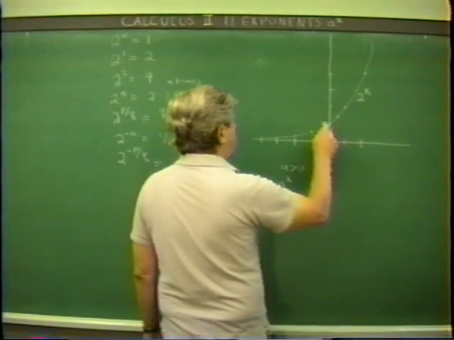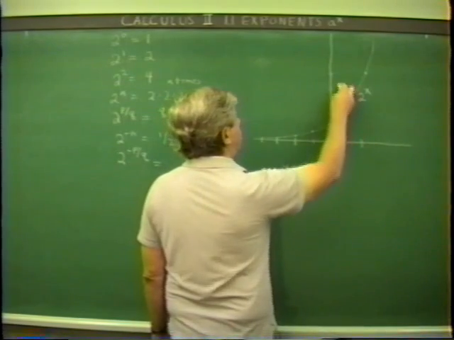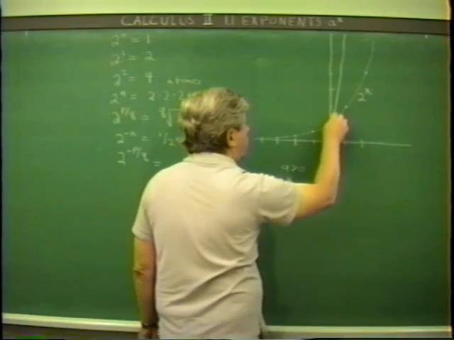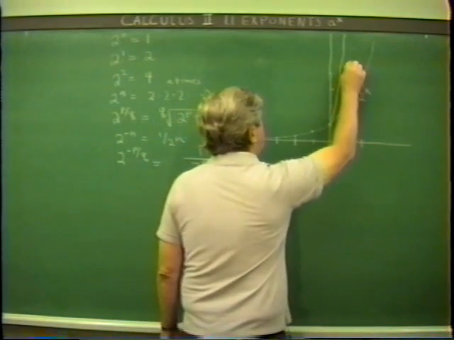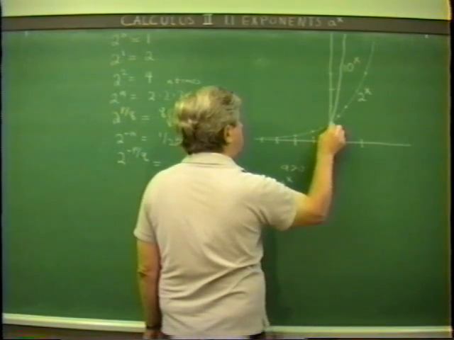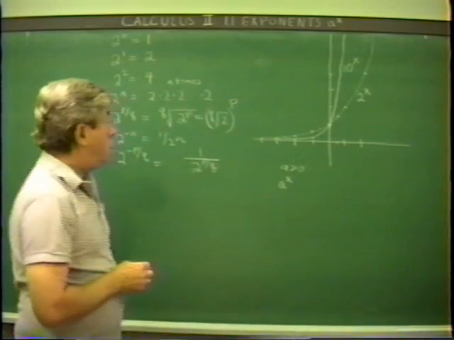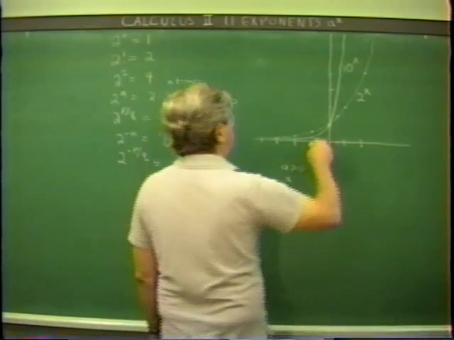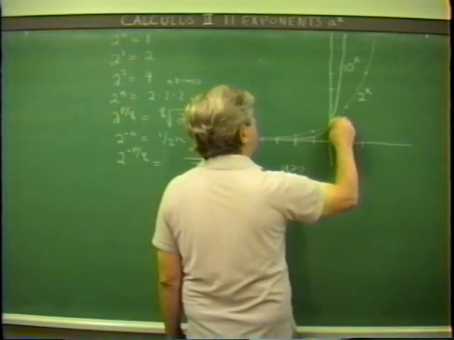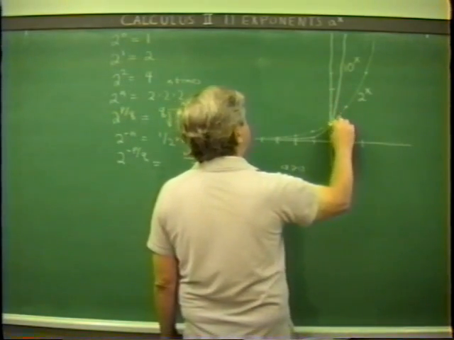For example, 10 to the x is going to look like this. It's 1 at 0, and it's 10 at 1, and it goes up faster than 2 to the x. And then over here at minus 1, it's 1/10. And so 10 to the x looks like this. 1/2 to the x is going to look like what you would get if you flipped the graph of 2 to the x about the y-axis.